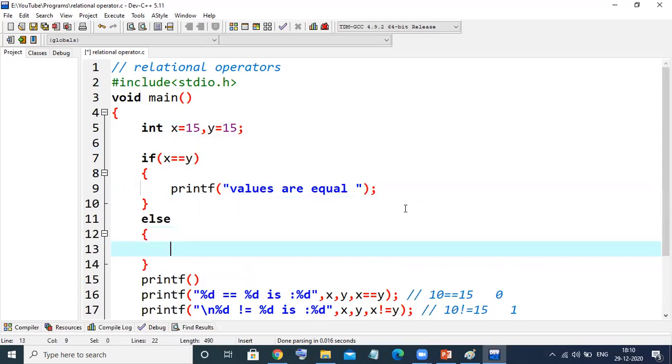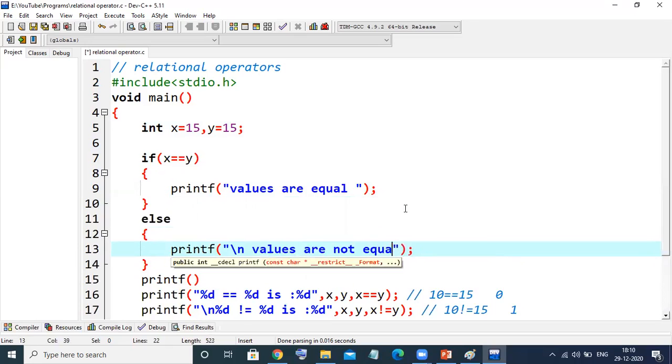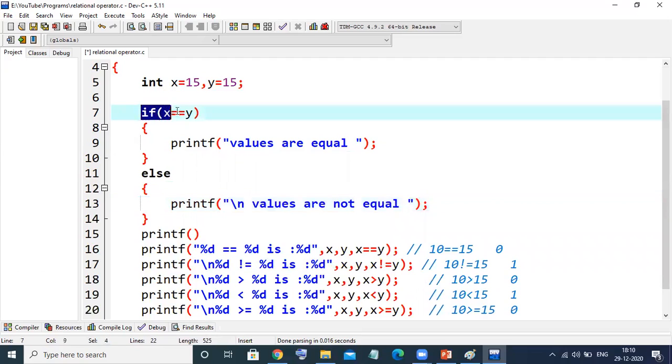What do you want in else? printf, I just want to print "values are not equal". This kind of implementation, if you want, then these relational operators will play a very important role.